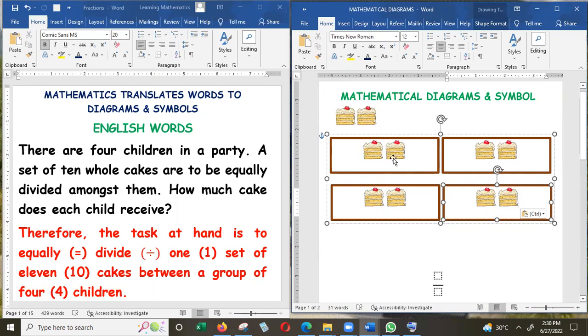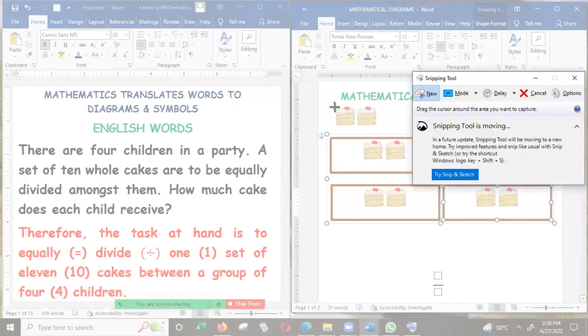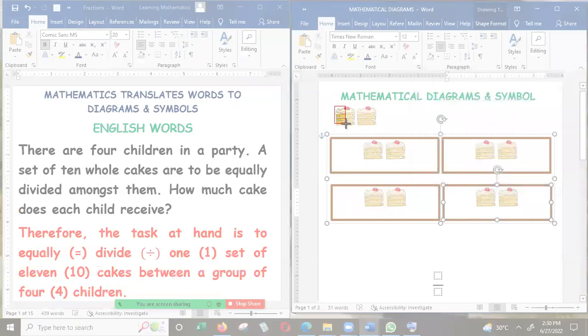Okay, so we cannot repeat that same process because 2 children are going to be left without a cake. So we have to try to divide those 2 cakes amongst the 4 children. So what we can do, we can take 1 cake and cut it in half. Let's cut a cake in half. Okay.